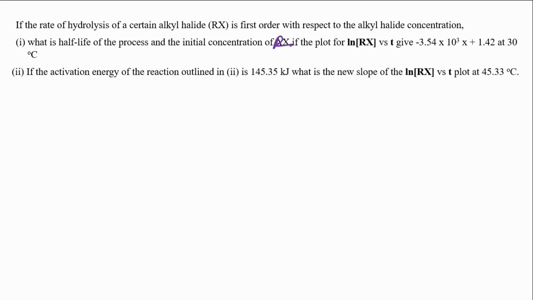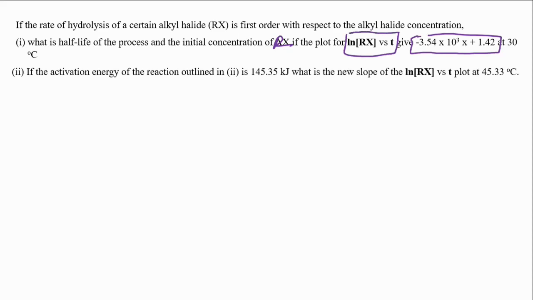If a plot of ln RX versus T gives minus 3.54 times 10 to the 3 times x, of course, plus 1.4. So this is the equation. This is actually the equation of the plot, right? And the plot is ln RX versus T.